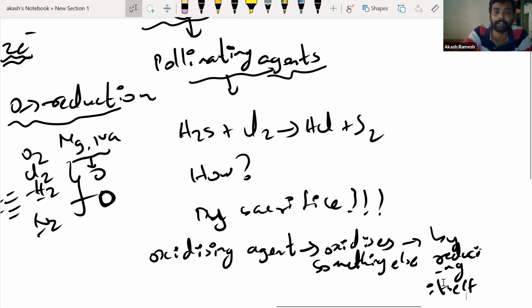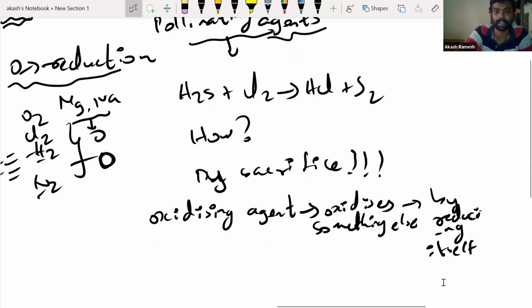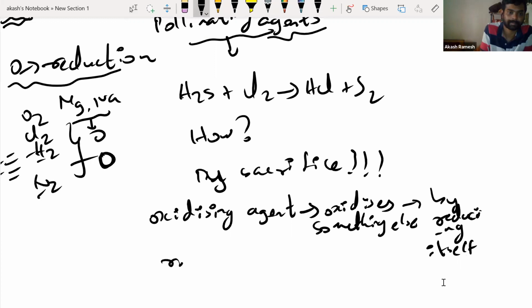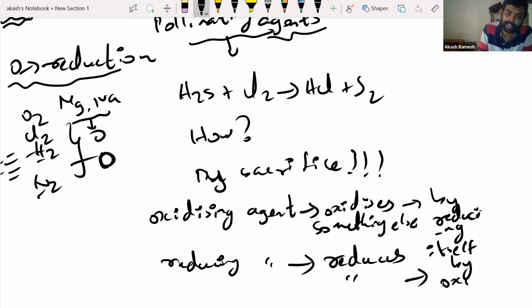In the same way I can say for the reducing agent also. A reducing agent reduces something else by oxidizing itself.